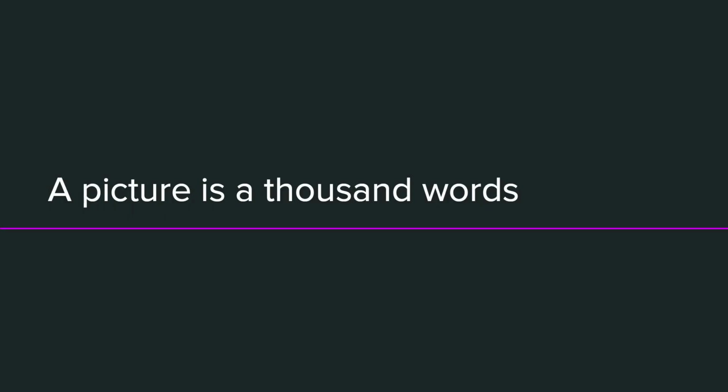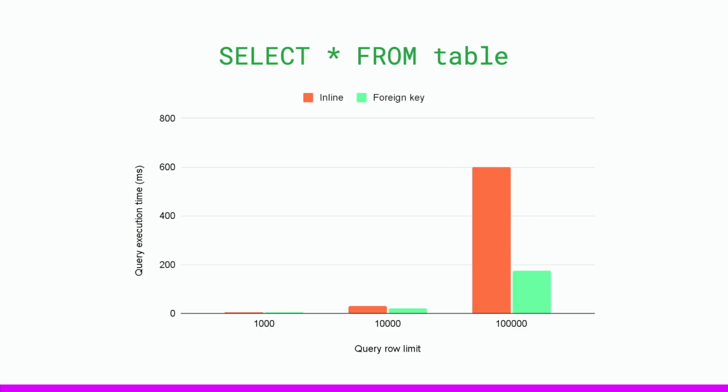And because a picture is 1,000 words and I need a chart to make my presentation legitimate here, let's move on and see that. So the orange one, which is the left one, is when we have the content inline. So I will move here and show you that here we have the query execution time in milliseconds. Here we have the query row limit, how many rows we bring with a query, and we see how that thing scales.